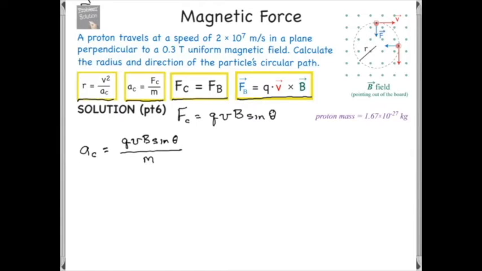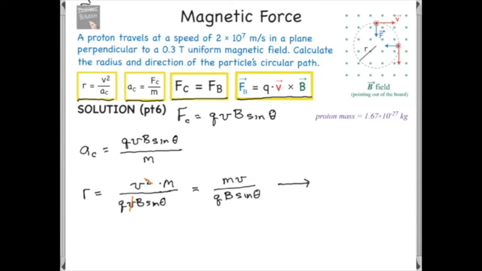And then finally, we can write the radius of the circular path as being v squared over the centripetal acceleration, which we can write as QVB sine of theta, divided by m, so that the m comes up top. We notice that one of the v's here will cancel, so this v will cancel the square of the v here, which leaves us with mv over qB sine theta.